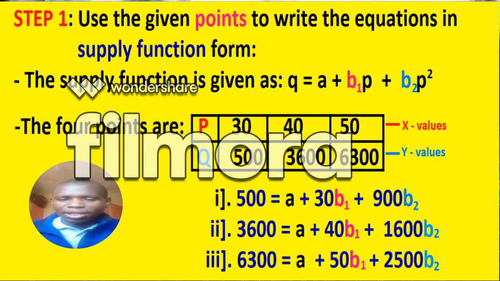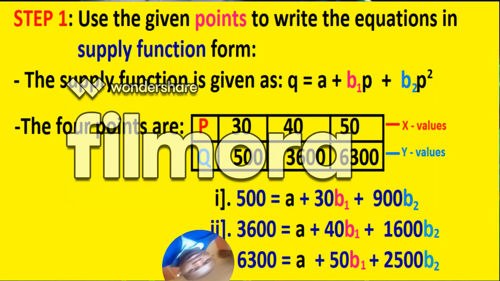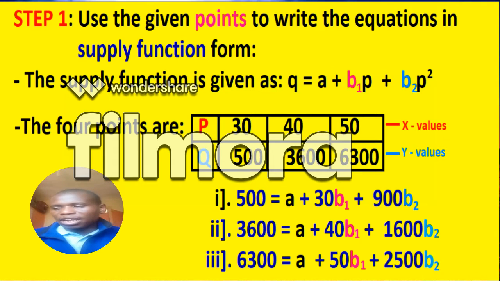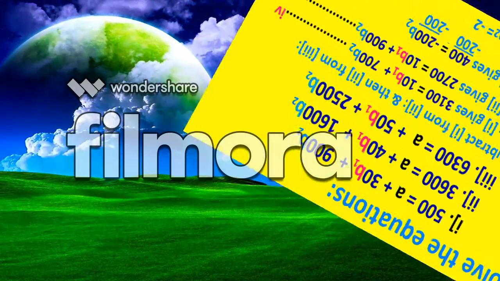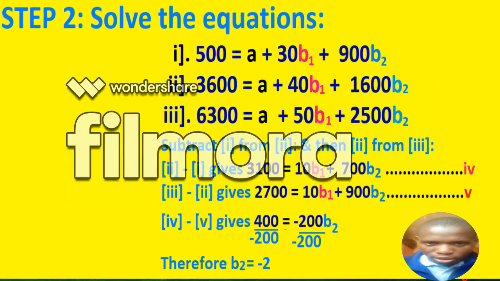Equation 2: 3,600 equals A plus 40B1 plus 1,600 B2. Equation 3: 6,300 equals A plus 50B1 plus 2,500 B2. This is how to solve the 3 equations.